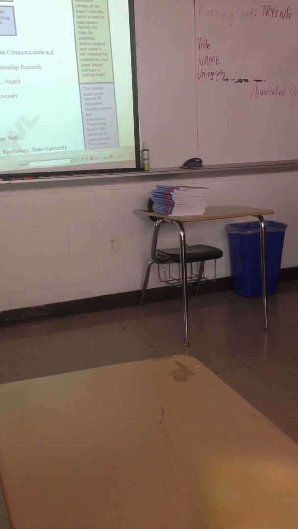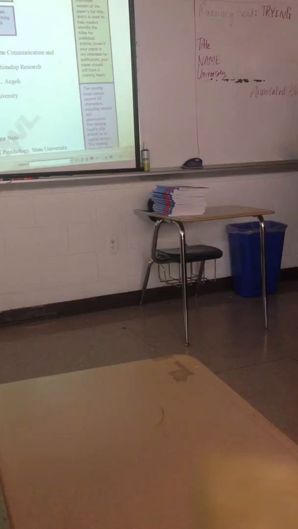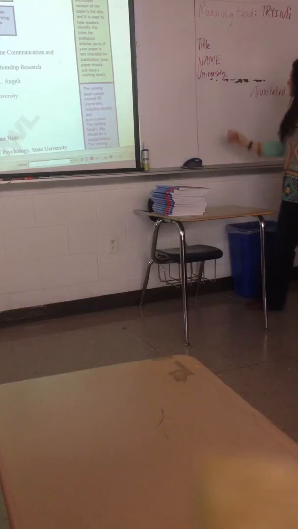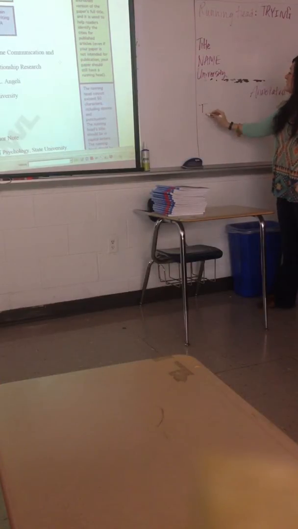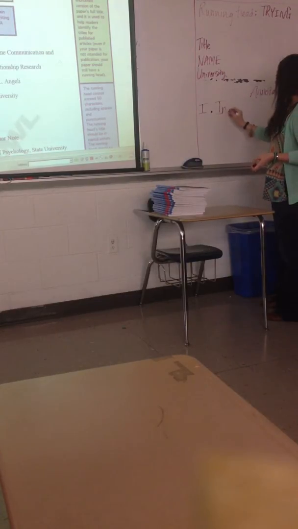Okay. So, annotated bibliography. Yesterday I gave you a little example. It was nowhere near perfect, but I just wanted you to see what your paper will sort of look like. You're going to give this annotated bibliography parts using Roman numerals. The first part is the introduction.